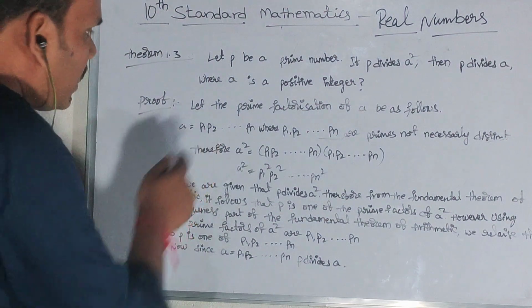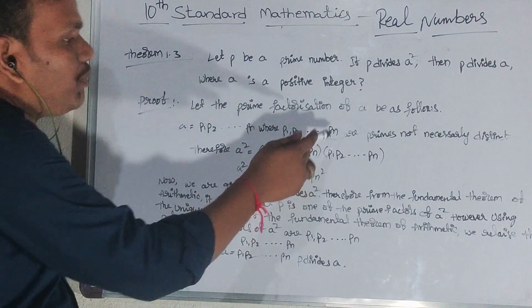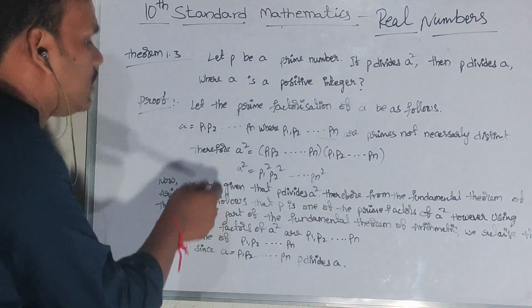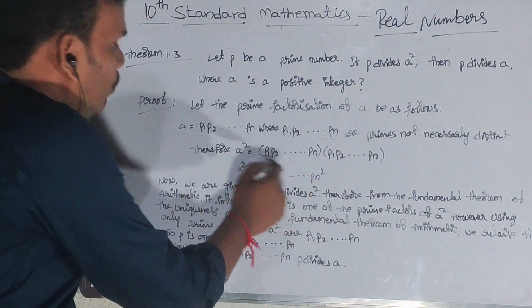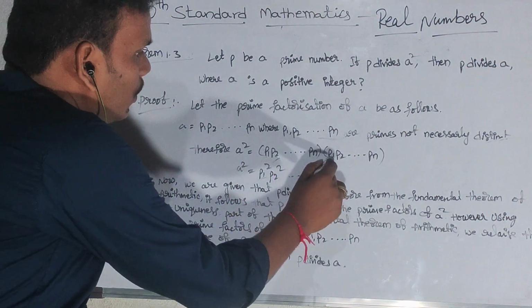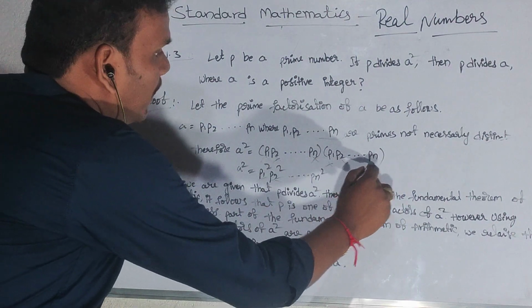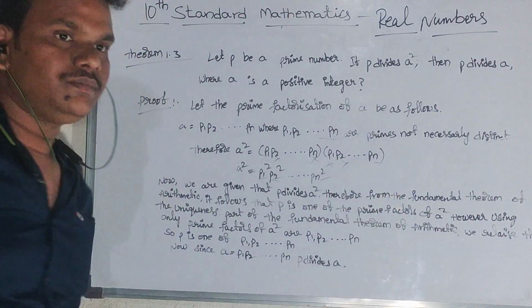Therefore, a square equal to p1 p2 up to pn into p1 p2 up to pn. Now the next step: a square equal to p1 into p1, p1 square, p2 into p2, p2 square, pn into pn, pn square.